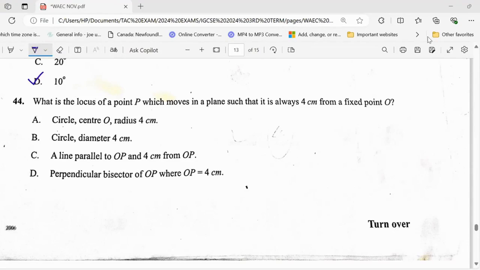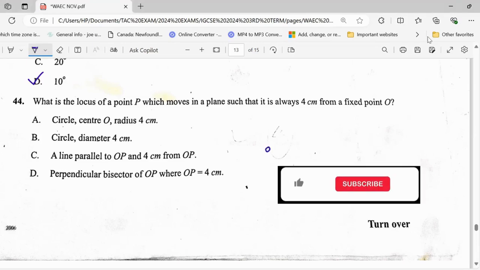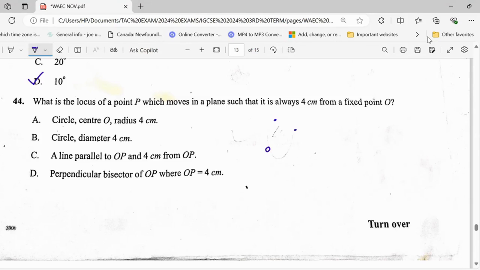Question number 44. What is the locus of a point P which moves in a plane such that it is always 4 centimeters from a fixed point O? So if we have a fixed point, anywhere this arbitrary point is, it will be 4 centimeters away from O. So you can actually take any of these positions.